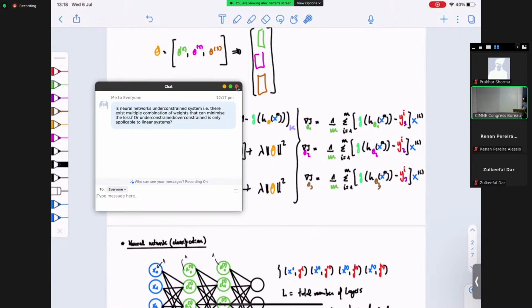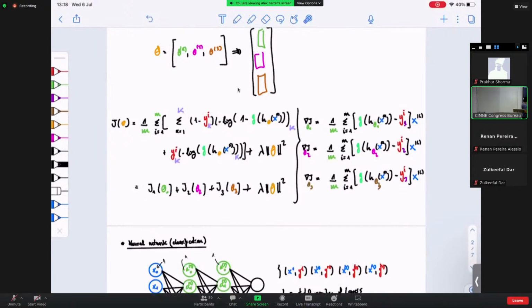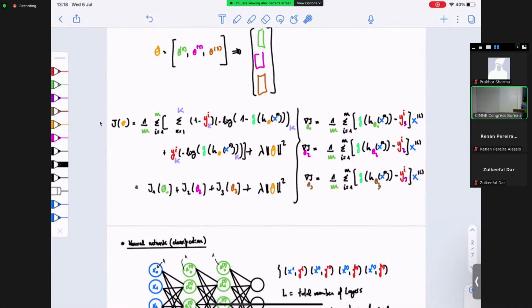I think we are mixing things here. One thing is constrained optimization problem, and the other is unconstrained. So the answer is, in terms of optimization, it's unconstrained optimization.